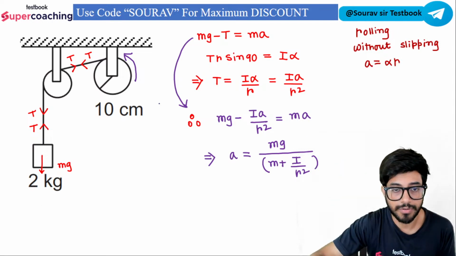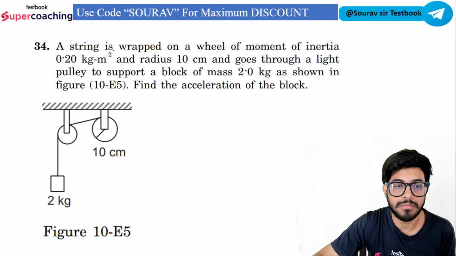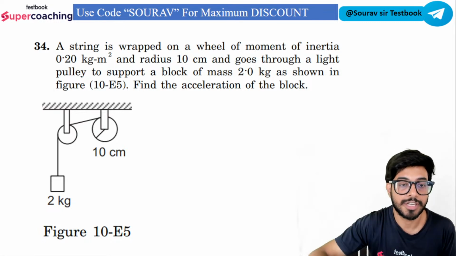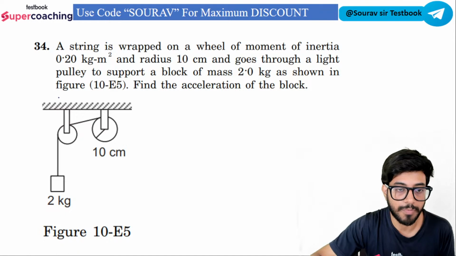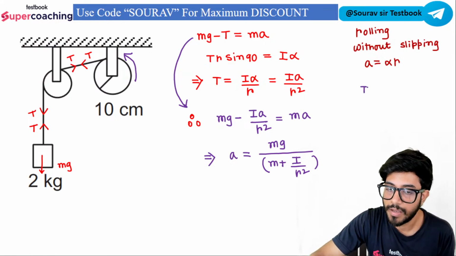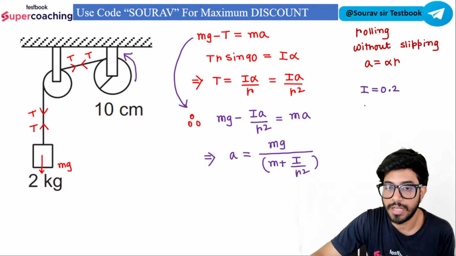Moment of inertia you don't know for this pulley. The wheel has moment of inertia 0.2 kg meter square, and it has a radius of 10 centimeter. So I equals 0.2.